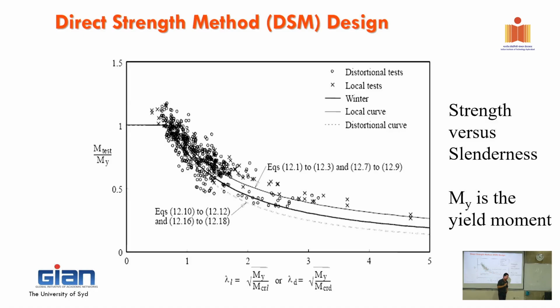Okay. Now, this is important and interesting. This will answer your question. It is about the interaction. Look, this one is pure local buckling. However, why are there a few dots below that, and a lot of dots above that? When we do calibration, of course, we fit the mean, in the middle, right?